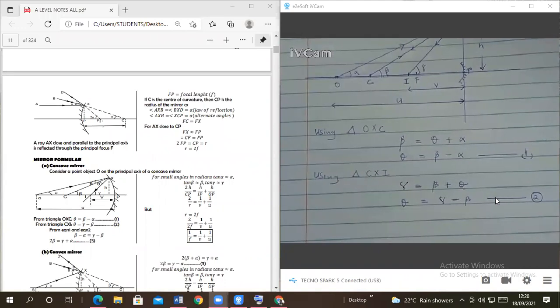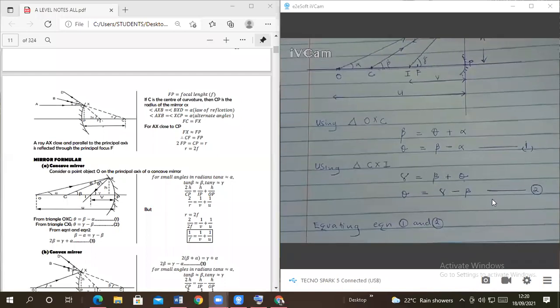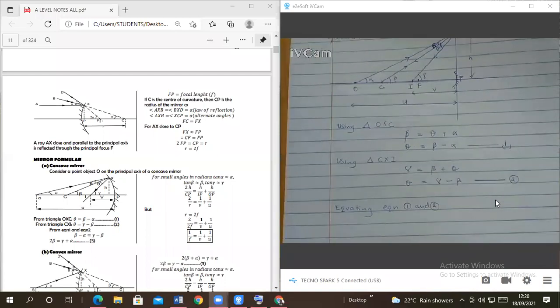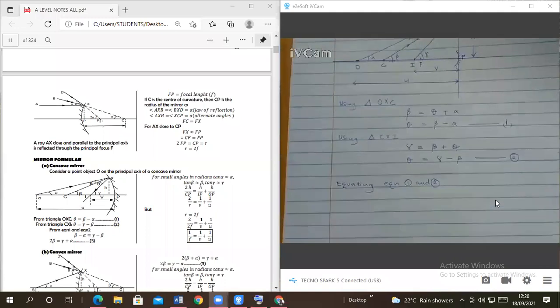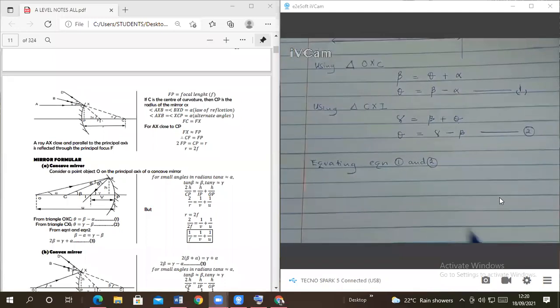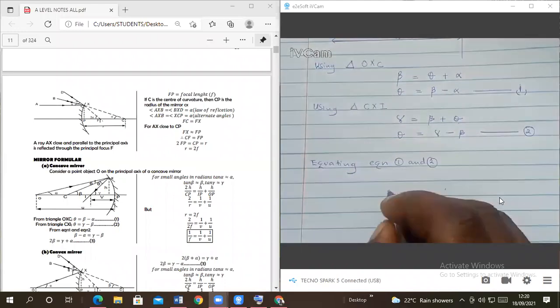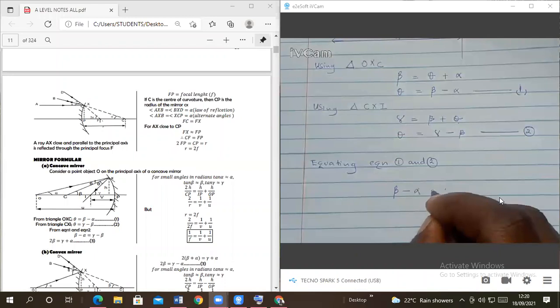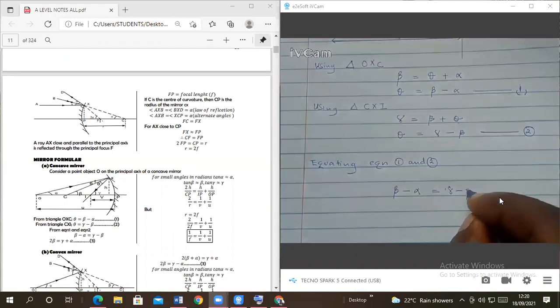So when we equate equations 1 and 2, we shall have beta minus alpha is equal to gamma minus beta.